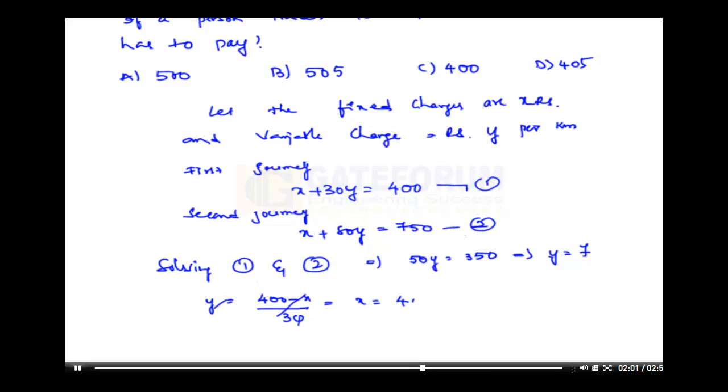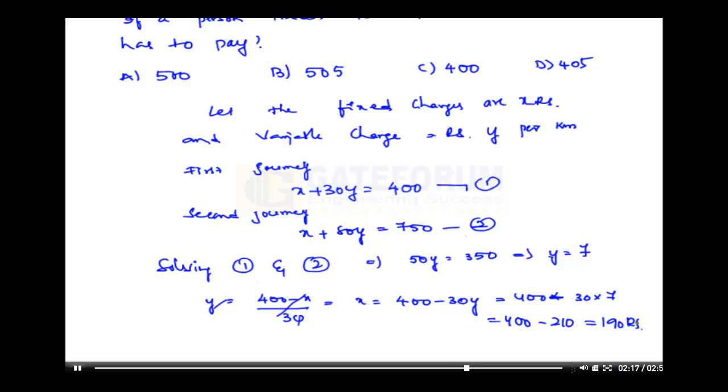So x is equal to 400 minus 30y from equation 1. 400 minus 30 into 7 is 400 minus 210, nothing but rupees 190.